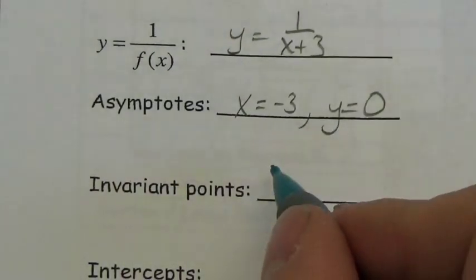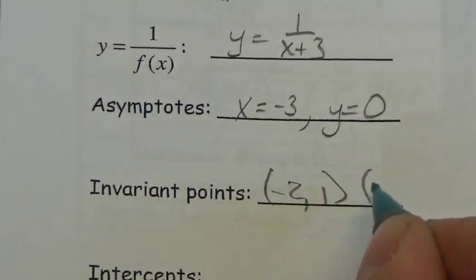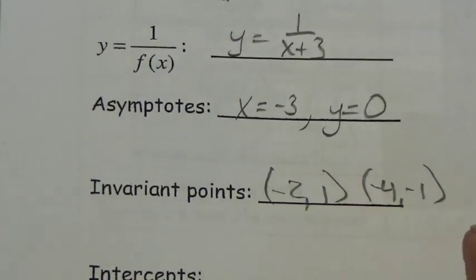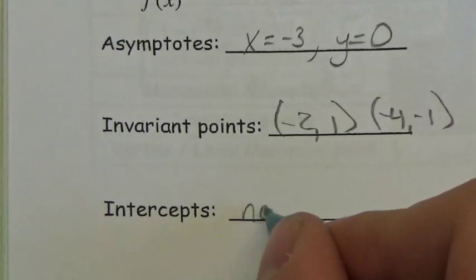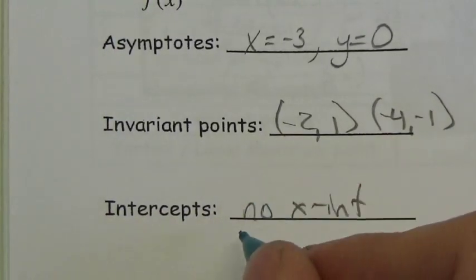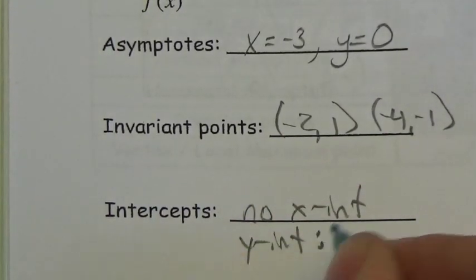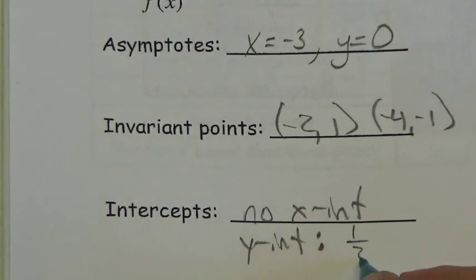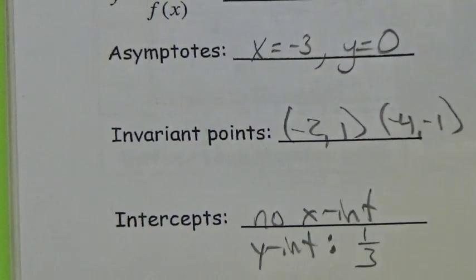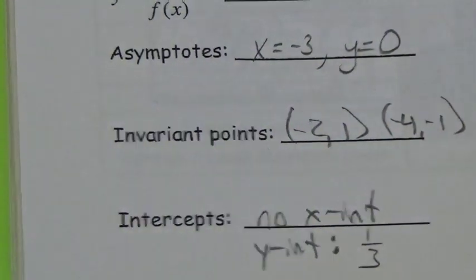Those turned out to be pretty easy. They're not always so simple. The intercepts, well, there's no x-intercept. The y-intercept, the original one was +3, so the reciprocal here is going to go through 1/3 necessarily. Okay, has to go through that.